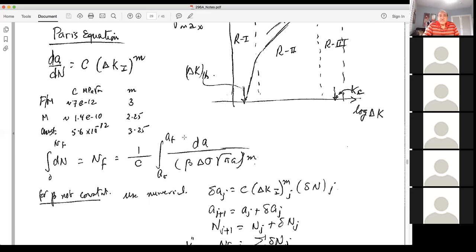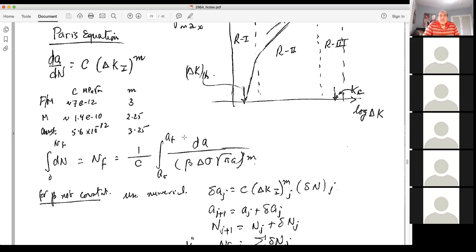If we have a very expensive component, we can even use X-ray techniques to map it out and find the minimum crack size. But that can become expensive, and we can eliminate components that have larger initial crack size.